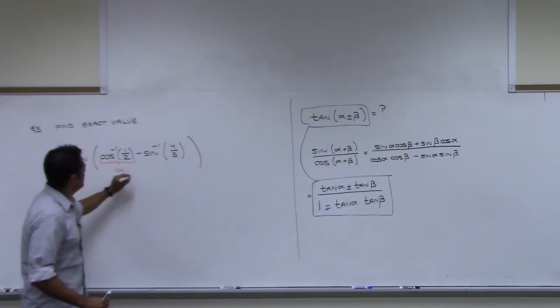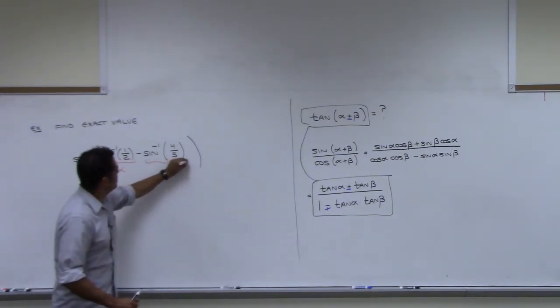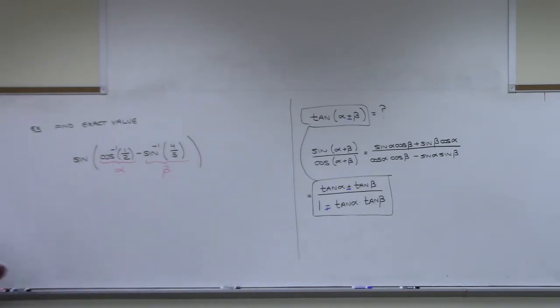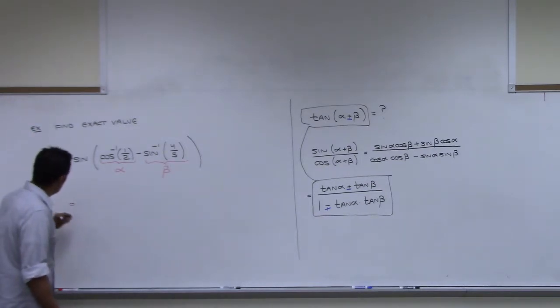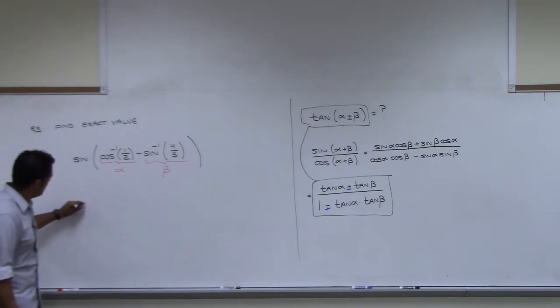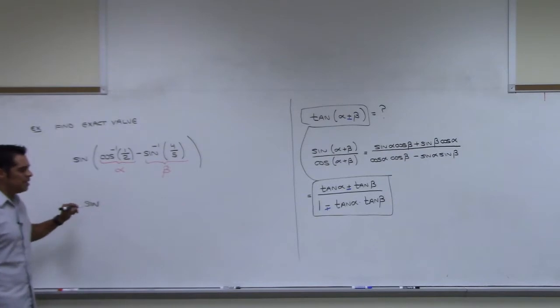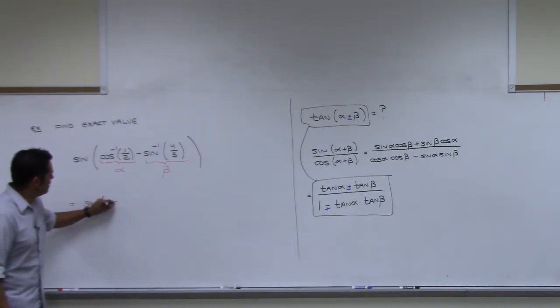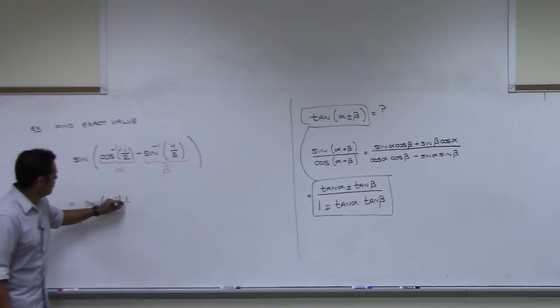And see if you can see that you've got sine of alpha minus beta here. You all see sine of alpha minus beta? Yeah? What is the formula for sine of alpha minus beta? That is sine alpha. So I need to write here sine of cosine inverse of 1/2, right?